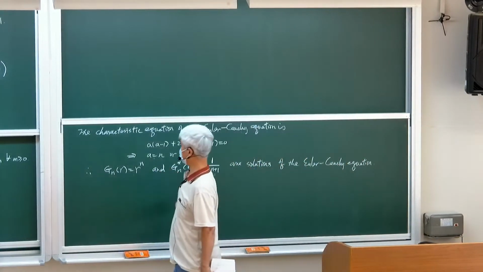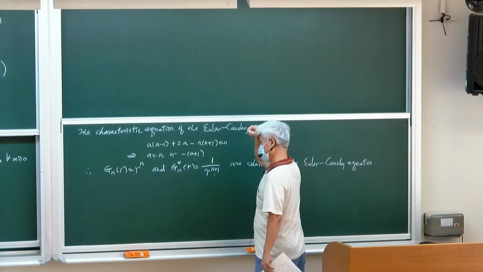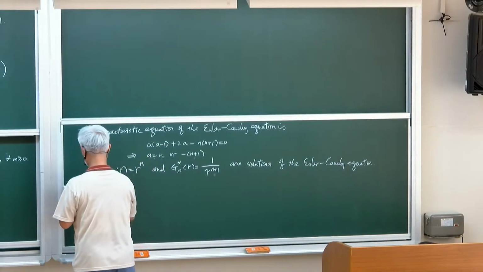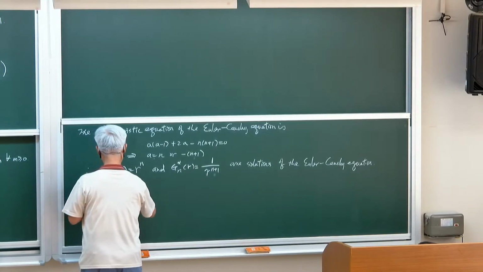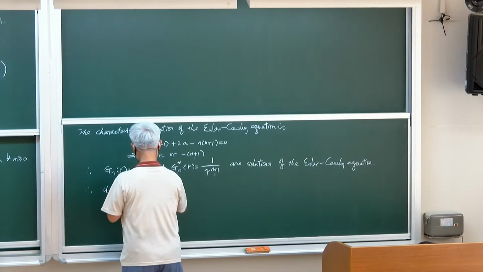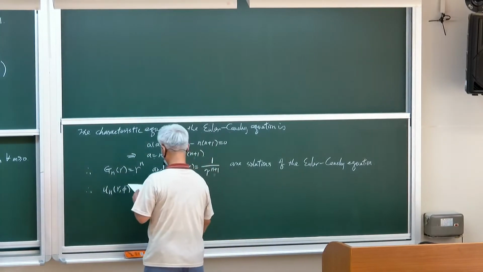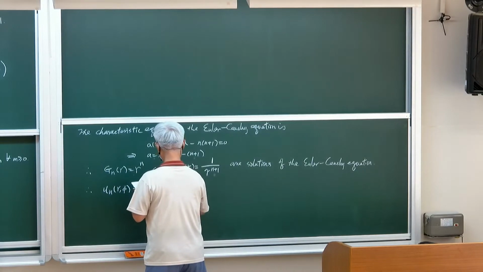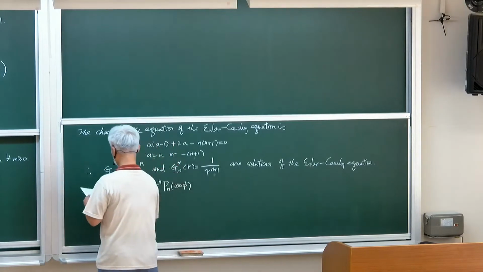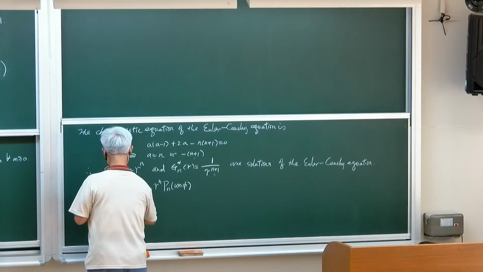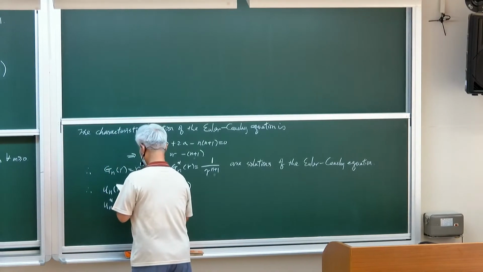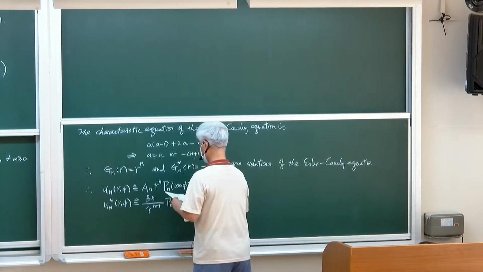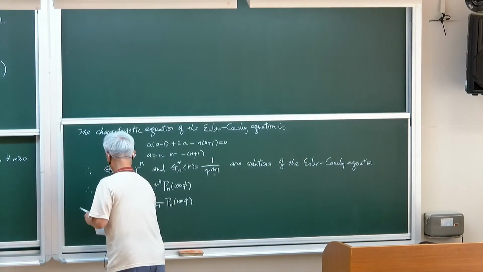And so we define u_n(r, phi) to be A_n r^n P_n(cosine phi), and we define u_n star(r, phi) to be B_n divided by r to the (n plus 1)'s power, times P_n(cosine phi), for n equal to 0, 1, 2, etc.